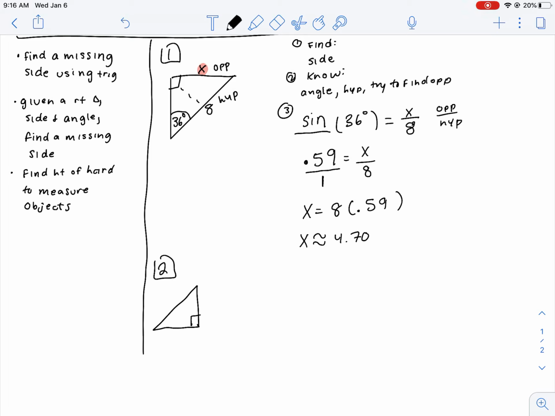All right, so go ahead and try this one right here. What are you trying to find? A side. What do you know? Well, we have a 10-degree angle. We notice that the x is opposite the 10, and the 3 is the adjacent side. So what ratio is opposite over adjacent? Well, that's the tangent.